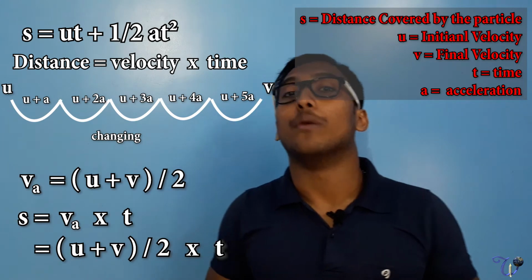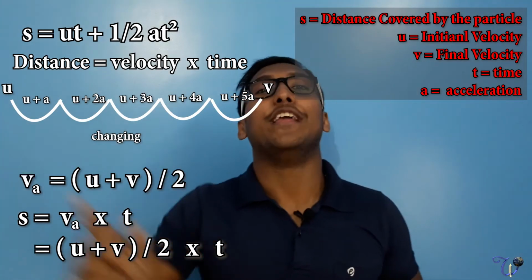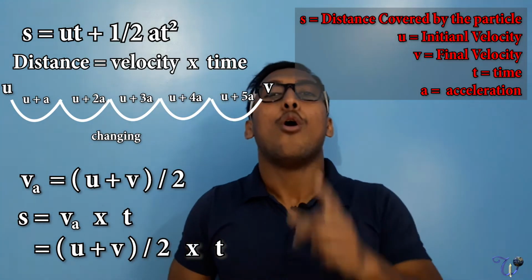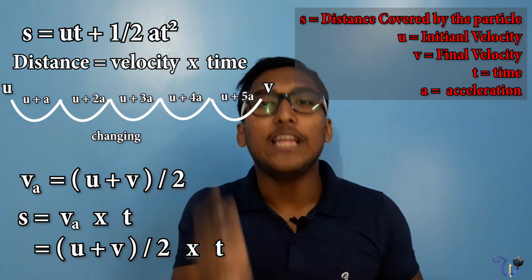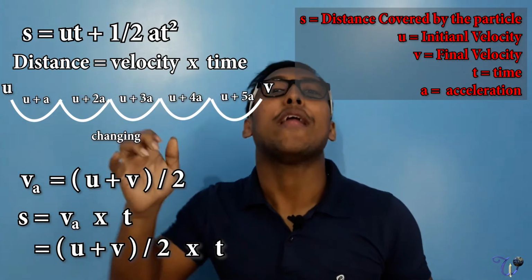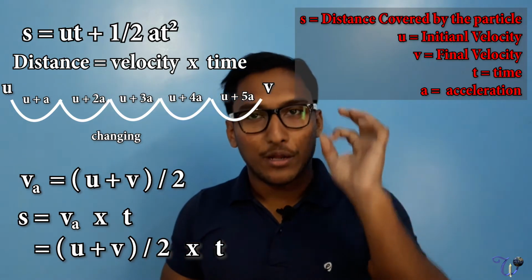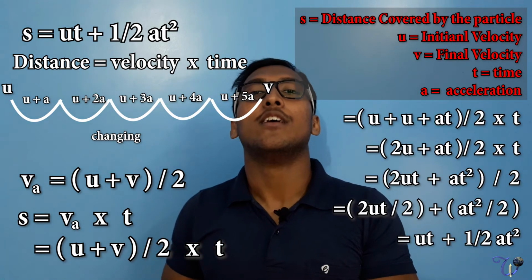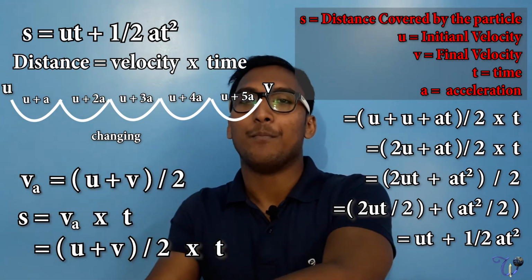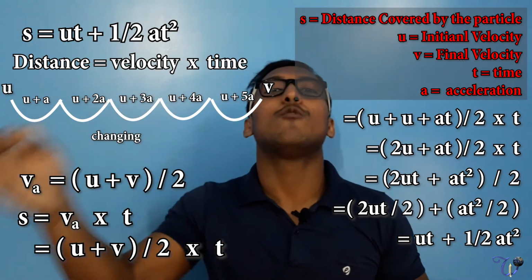Now here is a twist. Here's u plus v, but we already know that v is equal to u plus at, so why not use that equation here? So u plus u plus at, because v is equal to u plus at.